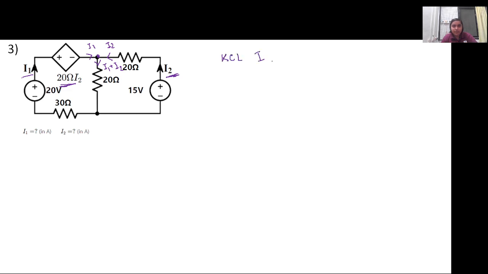KVL in the first loop. So it will be 20 minus, we come across this 20 resistance, so it is 20 I2. KVL at loop 1. So it is 20 minus 20 I2, then minus 20 into the current that is flowing, which is I1 plus I2.